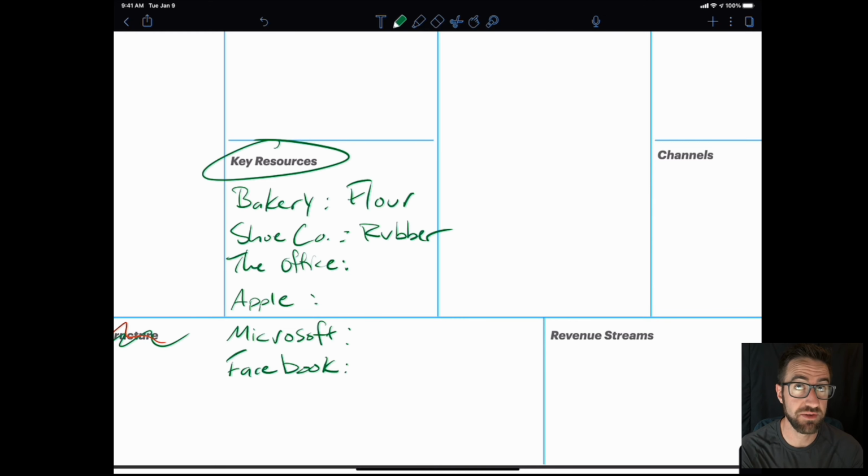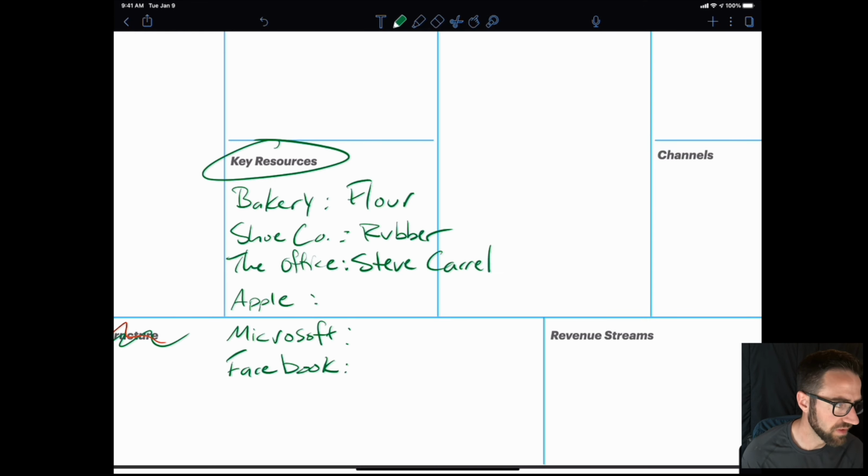And so thinking about key resources for The Office, it would have to be something that you can't easily replace. And I wrote Steve Carell. Did I spell that right? It's 2 L's and 1 R. Good. Steve Carell. Okay. Main character.